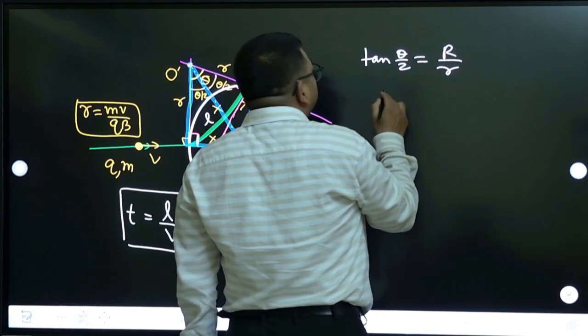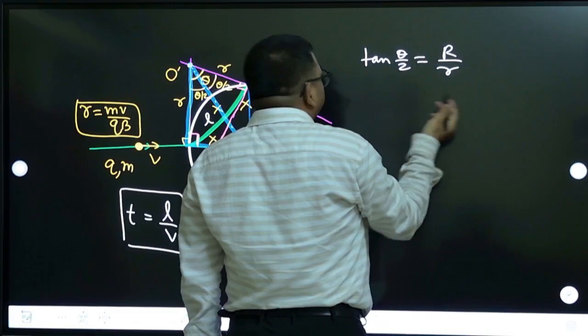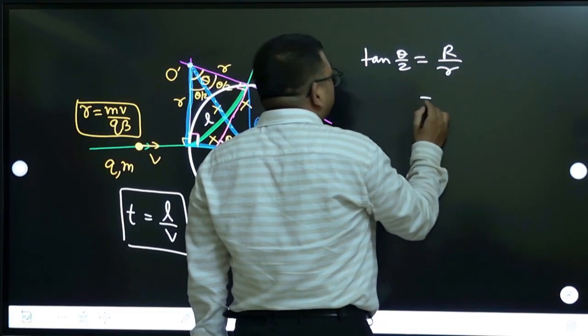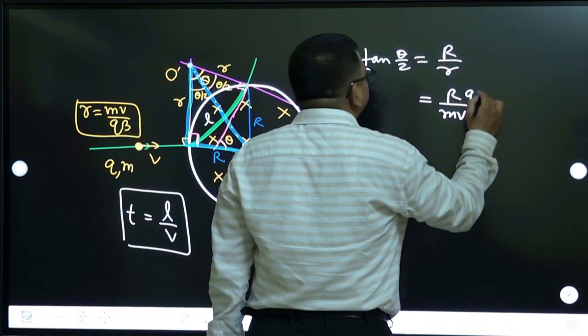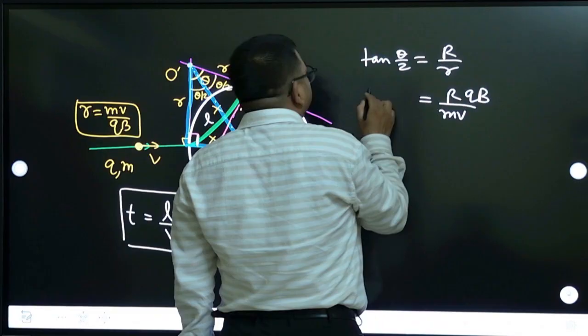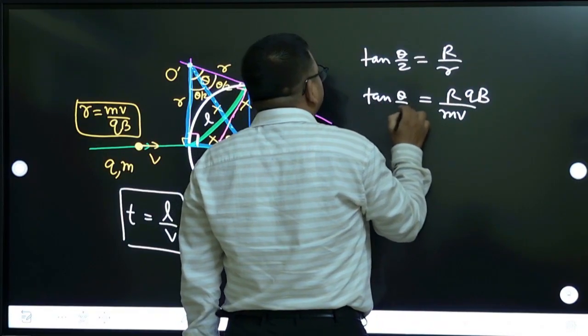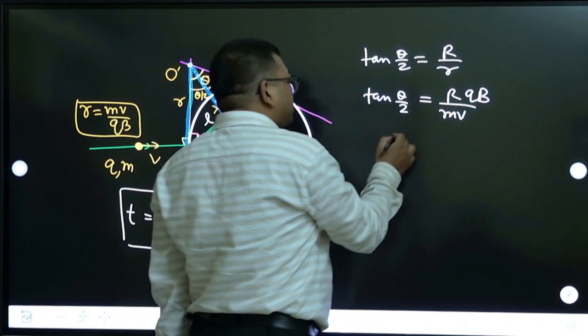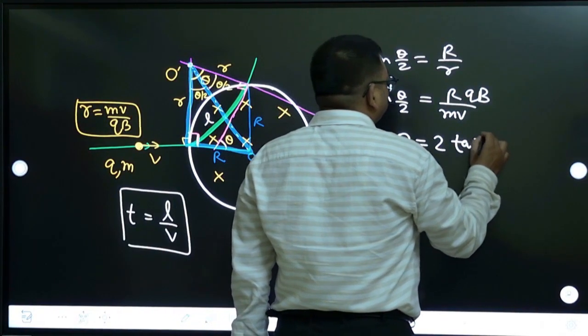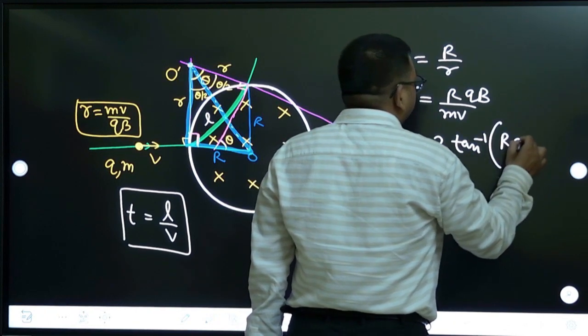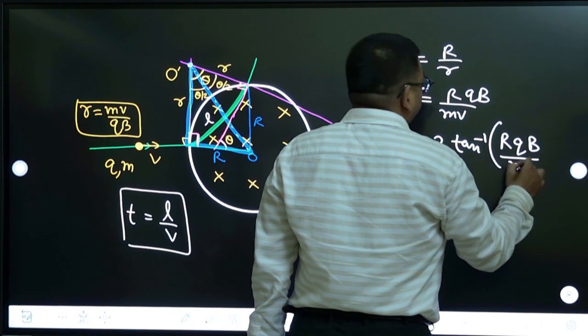Then from here we can substitute capital R and small r, we can substitute mv by qB. So this is tan theta by 2, and from here theta we can calculate. So theta will be 2 times tan inverse of R qB by mv.